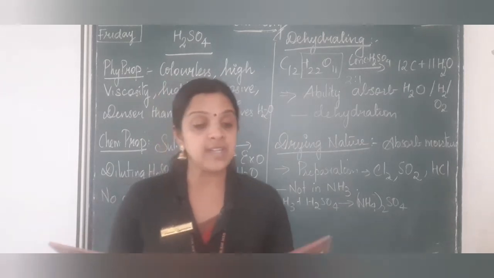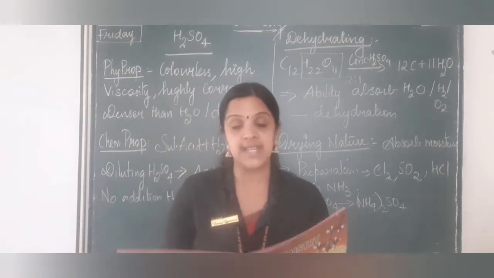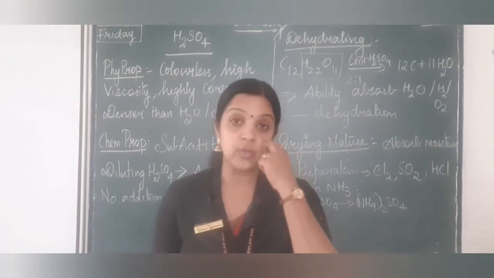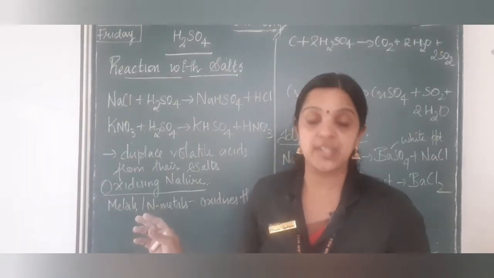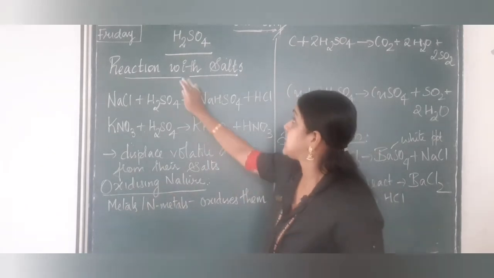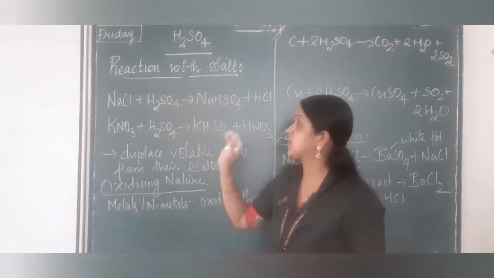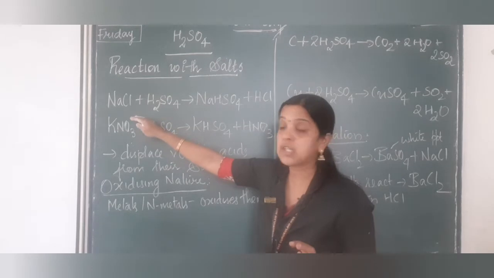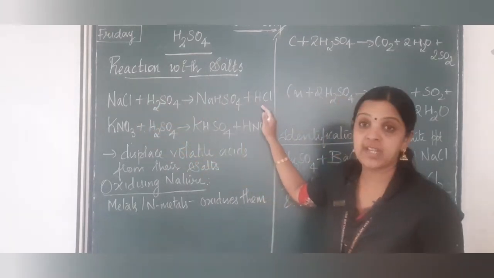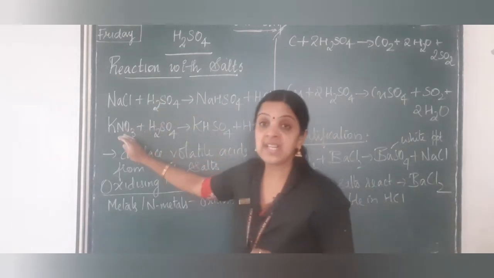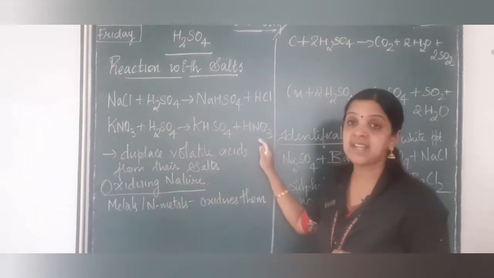Then we have some reactions with salt, and its oxidizing nature. So we will just look into that. Now we will learn some of the reactions with salts. Sulphuric acid can react with salt: when it reacts with a chloride salt, it will give hydrochloric acid. When it reacts with a nitrate salt, it gives nitric acid.